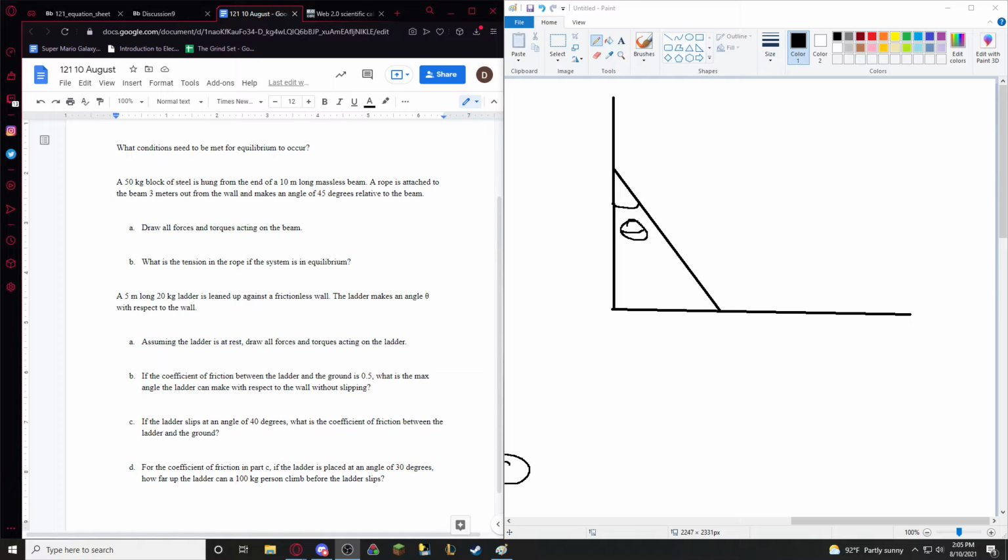Where is that going to act? At the center of mass. We'll assume it's a sturdily, evenly constructed ladder, so the center of mass is at the middle. So we have Fy equal to negative mg, with no x component. What else?